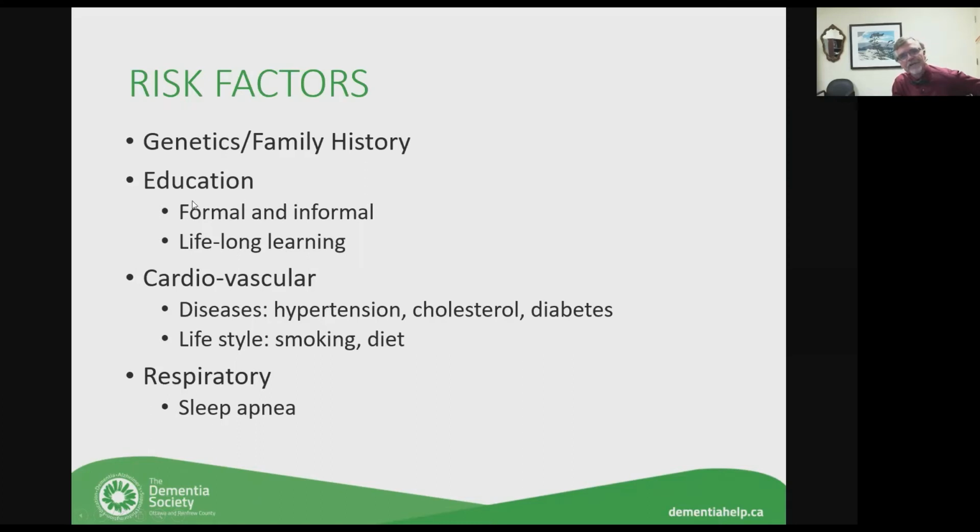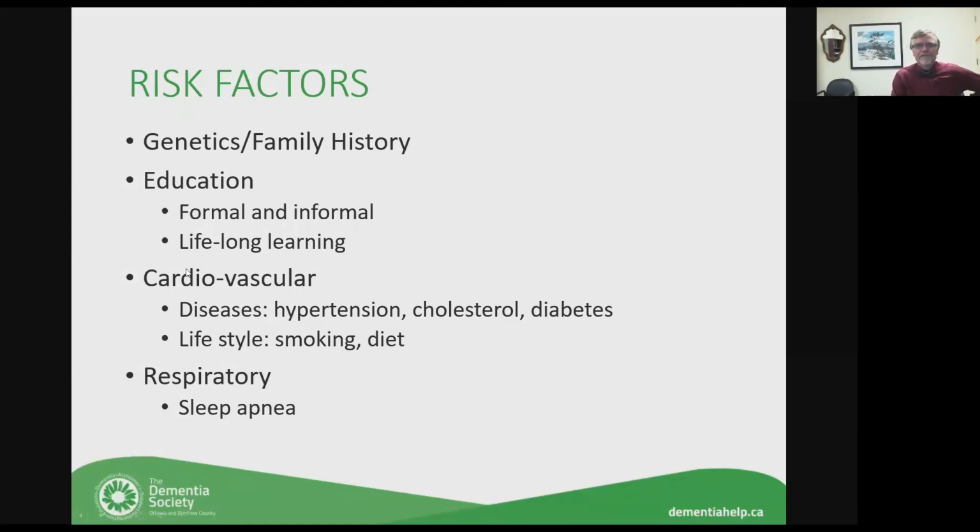Education, we don't really understand why, but having more formal education and even having more informal education seems to protect against Alzheimer's disease.